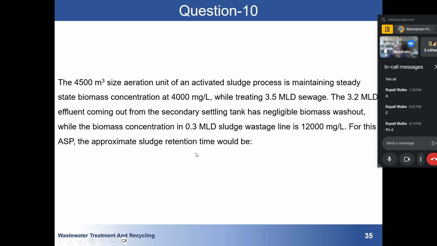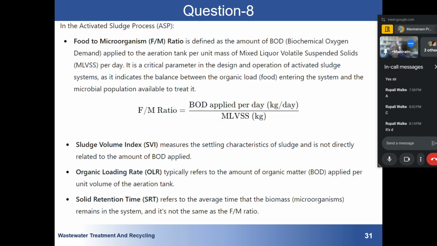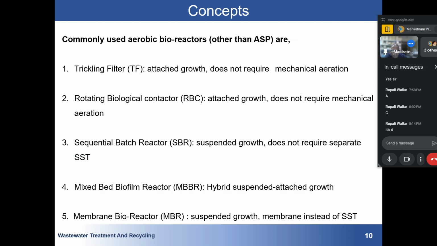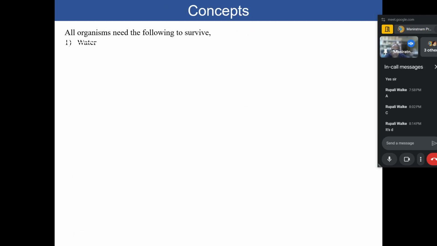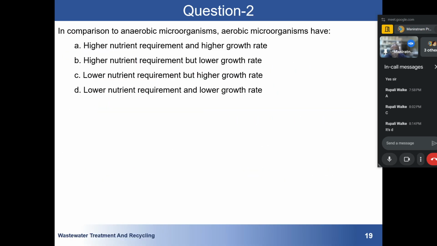So the important question is, first you should know the formula of sludge retention time. This sludge retention time formula can be derived, and I have used this graph, miss. First you should know what sludge retention time is, what is the definition of sludge retention time. I think I have written it here.